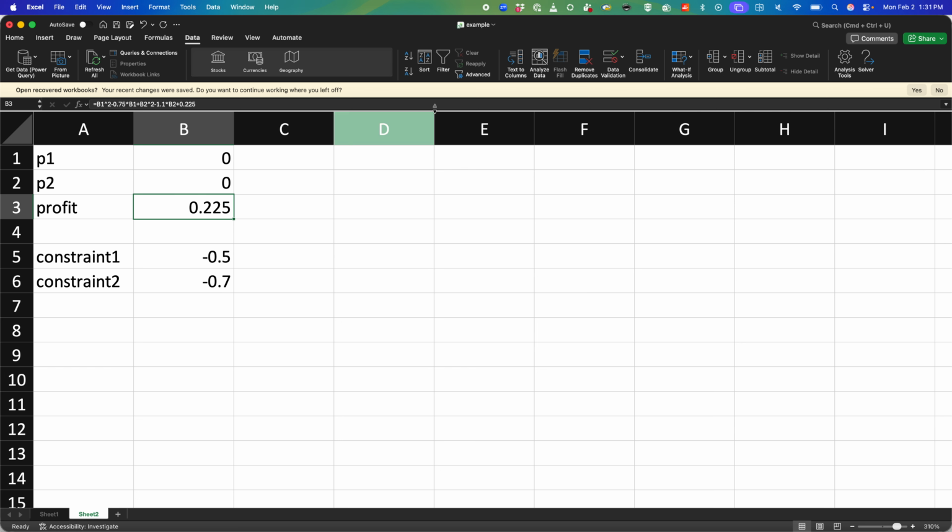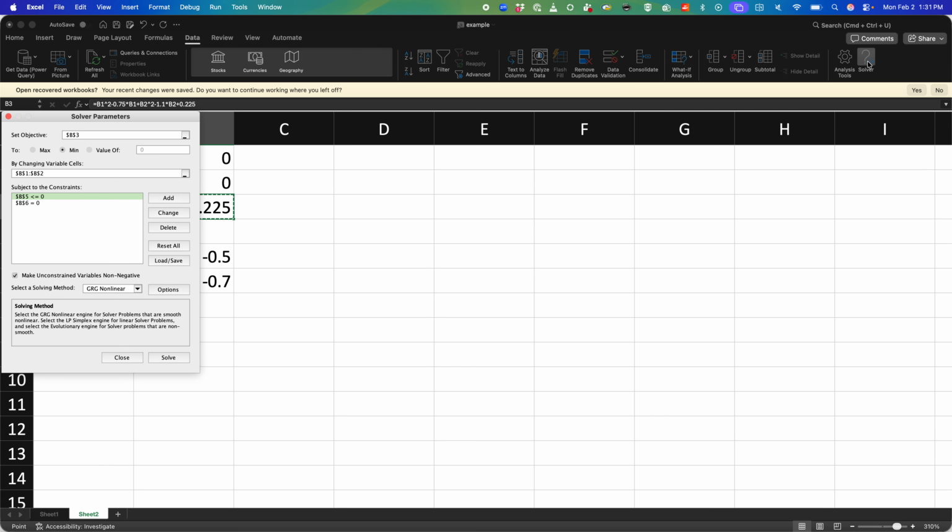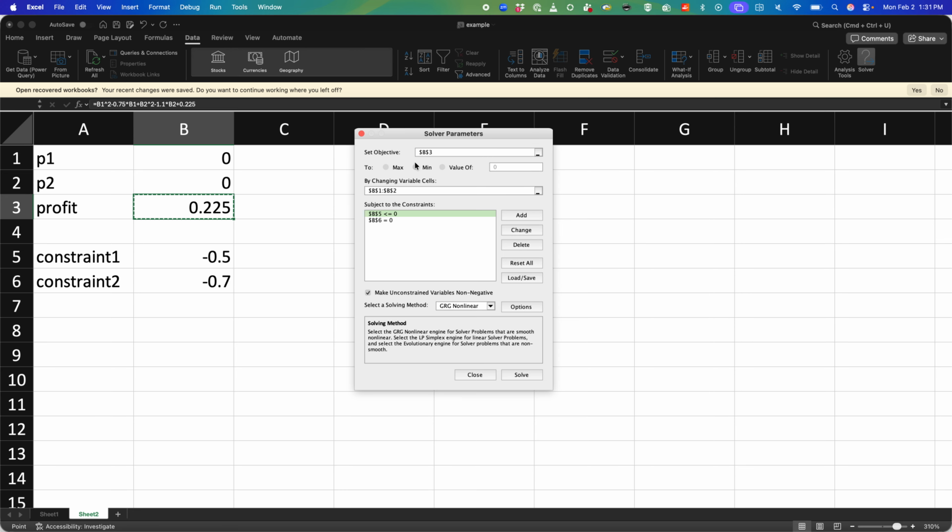Pretty straightforward, right? And here, I'm going to go into my solver again. We're going to do the same thing where I set my objective function to the cell that is defining the objective function. We're minimizing, get it right this time. And then our decision variables are still P1 and P2, which are located in cells B1 and B2. So I have that here. Now, what's different?